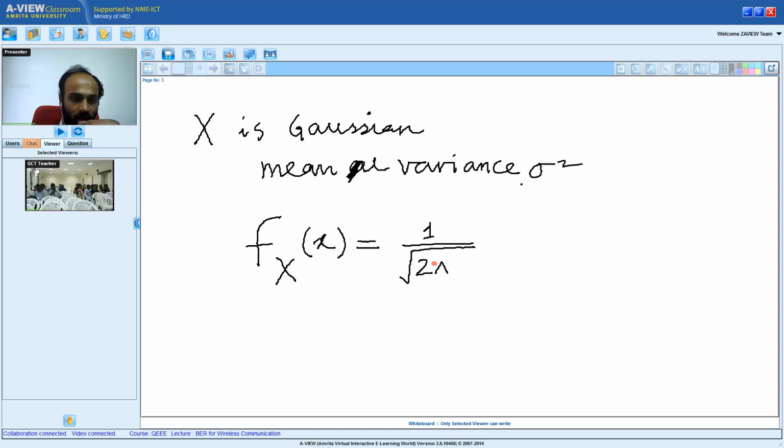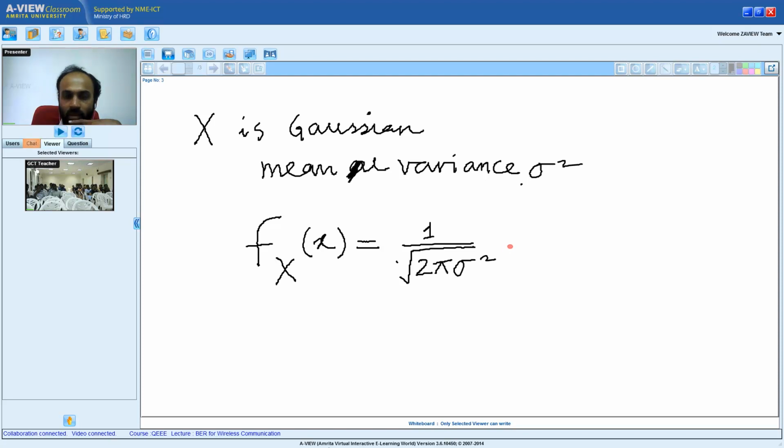Okay, you are right about 1 by sigma. I am going to write it inside the square root as 2 pi sigma square. Is that fine? I can write it.